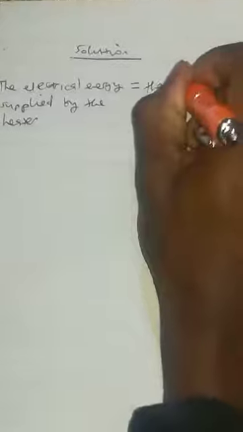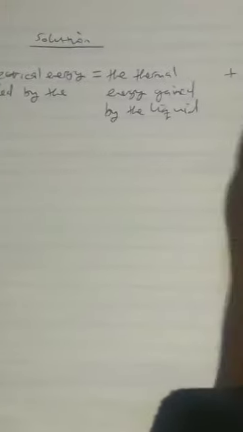So what I have is the solution. The electrical energy supplied by the heater is equal to, let's say, the thermal energy gained by the liquid plus heat lost to the surroundings, right?